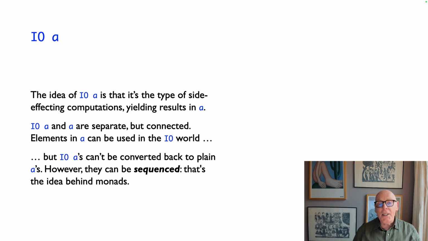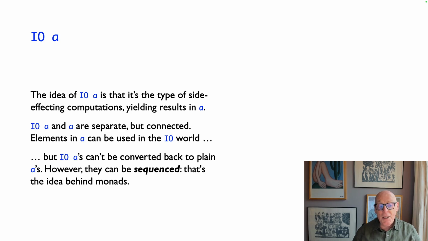And something of type IO A does some side effects and yields a result in type A. Now, the types IO A and A are different, they're not the same. Elements from A can be used in the IO A world, just as a pure integer can be used in a program which does all sorts of side effects and produces an integer, but there isn't a way of converting IO A back to a plain A.